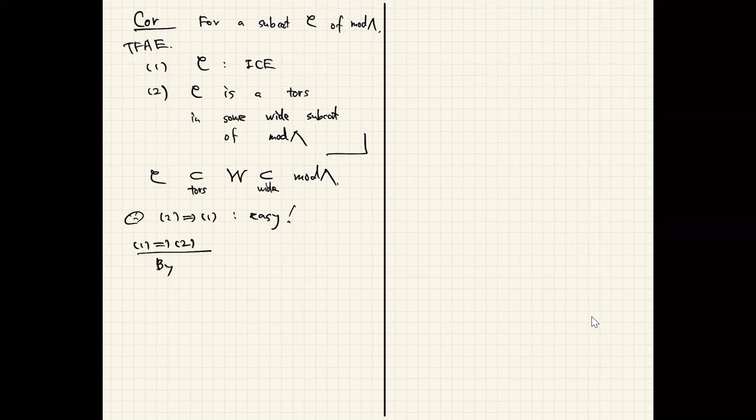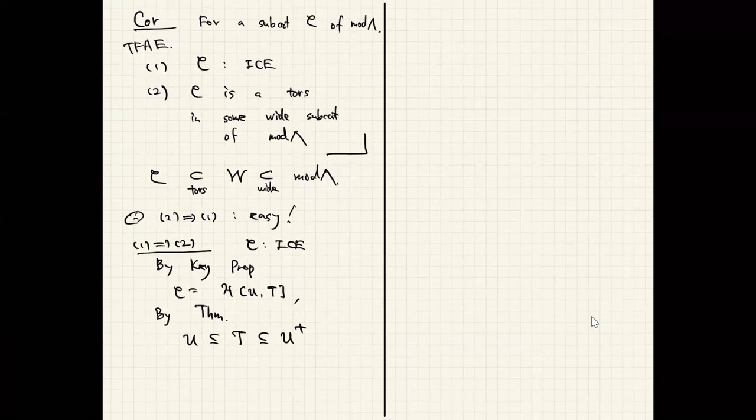So if C is ICE, then by the key proposition, C is equal to the heart of some interval. Then by the main theorem, we have this relation. So T is contained in this U plus.